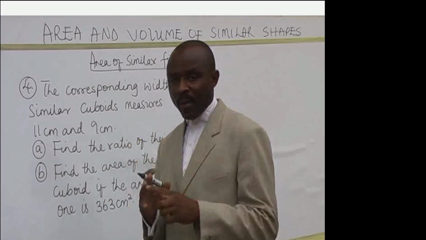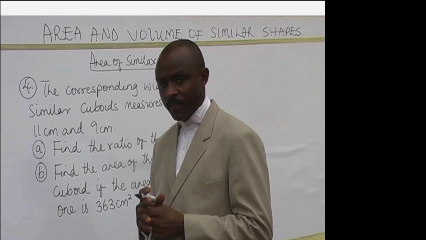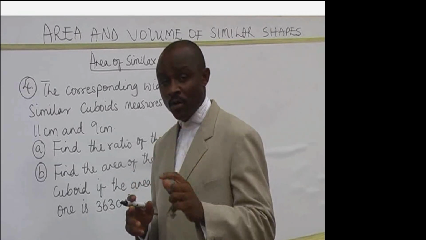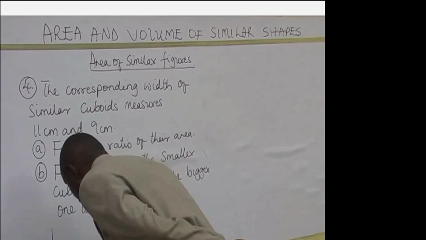The shape of a Maggi cube and a sugar cube is the shape of a cuboid. Cuboid is something like this.